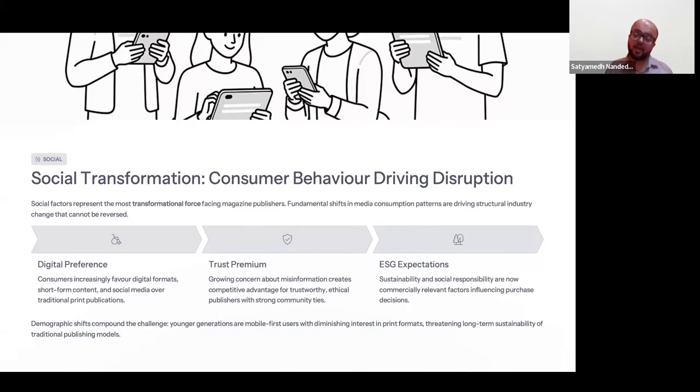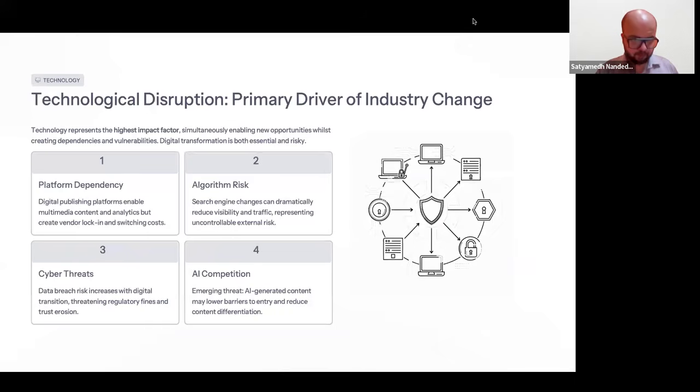Then sustainability and social responsibility have taken over, in the sense that if you publish incorrect information or information that does not have its foundation in truth, then naturally it will have an impact on how readers perceive your brand. Also, being ethical is a basic expectation for consumers of today. So the impact of society, their psychology, their mindset, will also have an impact on how the magazine publishing industry is working.